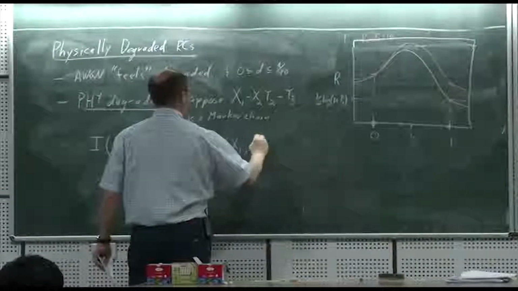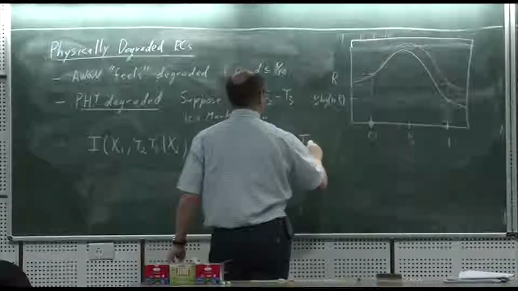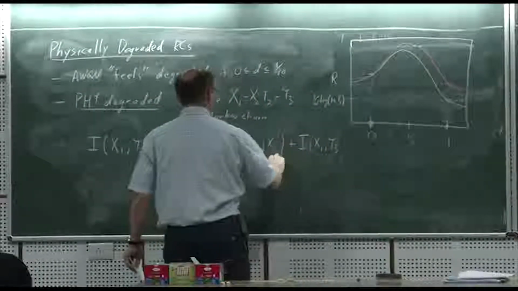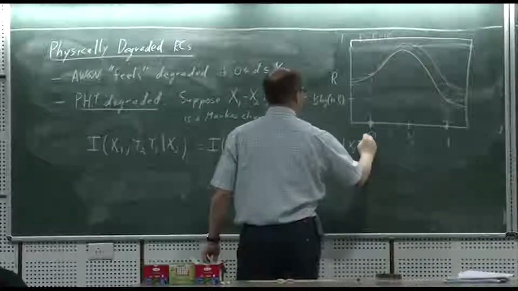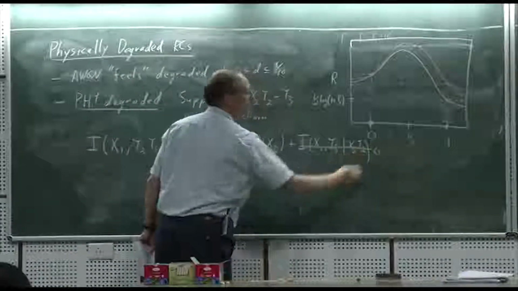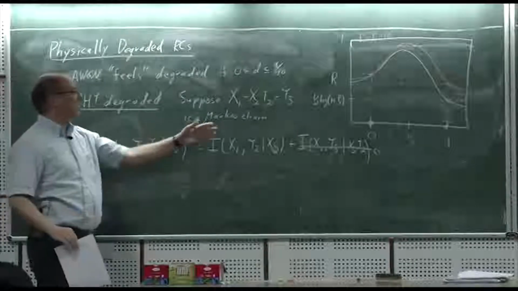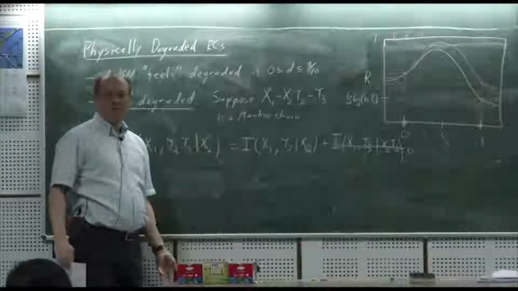So it becomes completely obvious that decode forward is optimal now, because this means exactly that this is 0. So if we have this Markov chain, then the cutset bound becomes the decode forward rate.